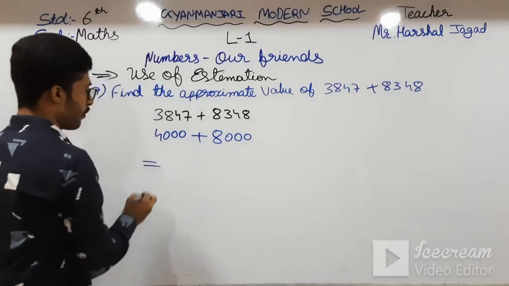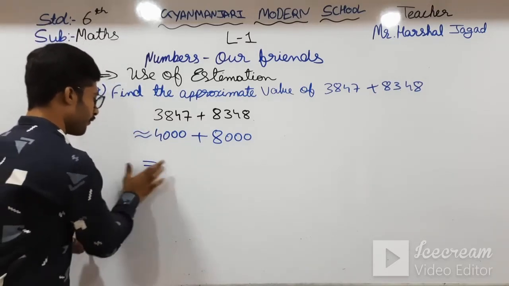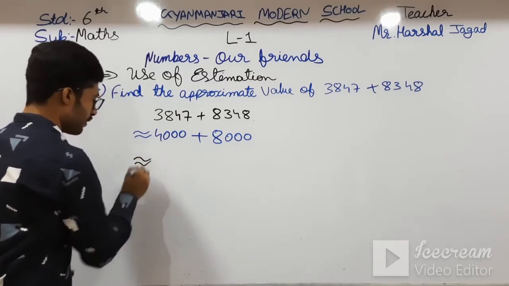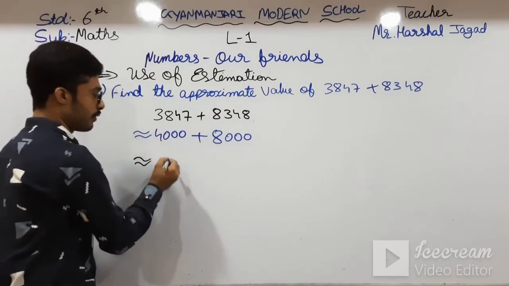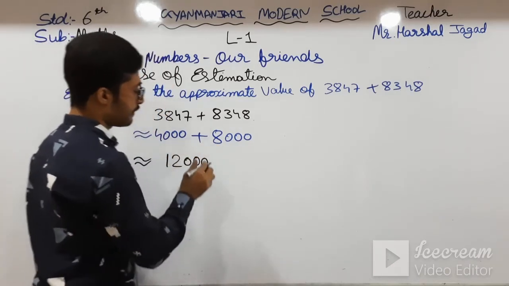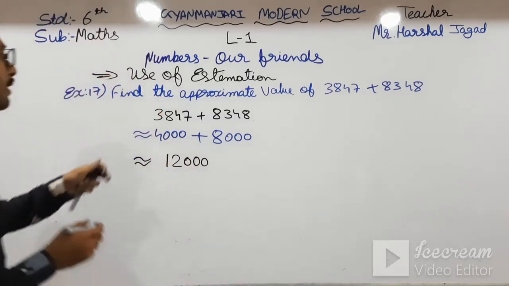So what will be the answer? We will use the sign of approximation. Okay students, 8 plus 4 is 12, that is 12,000. This is the approximate answer of example number 17.